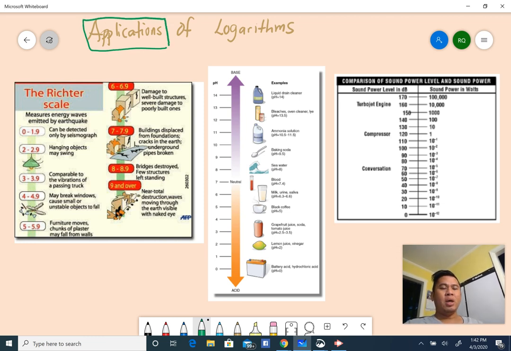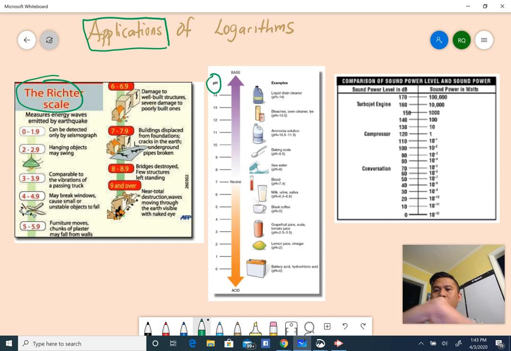So logarithmic functions are used in the Richter scale. It talks about the magnitude of earthquakes. Also, it talks about the acidity or pH in terms of chemistry. Substances can be neutral, base, or acidic.